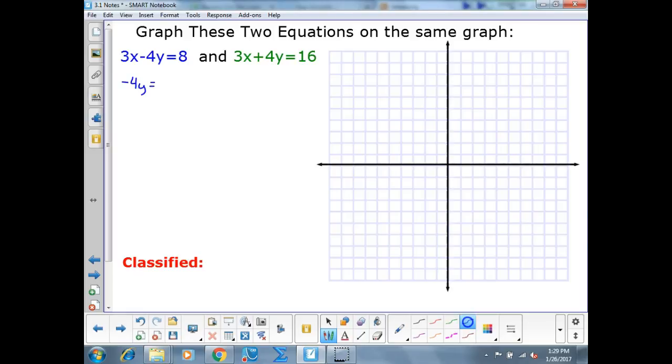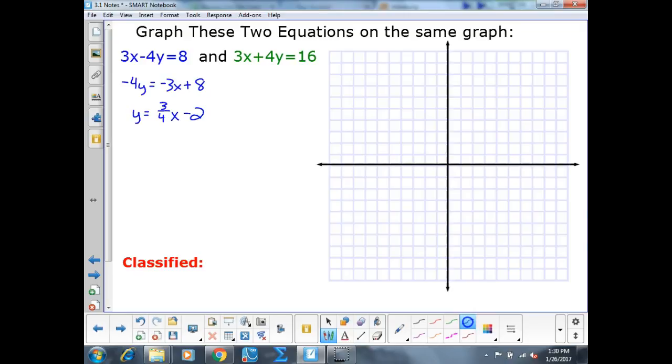So I'm going to subtract 3x from both sides. Then I'm going to divide by negative 4 in all spots. Giving me y equals 3/4 x minus 2.